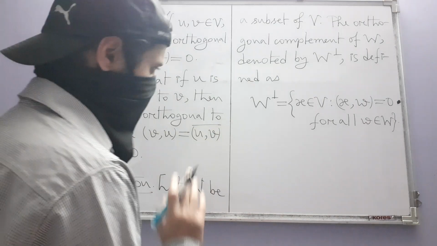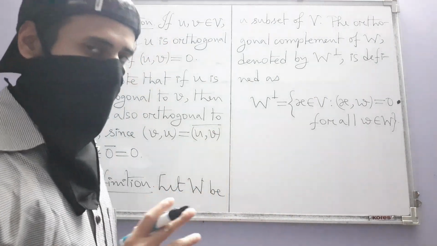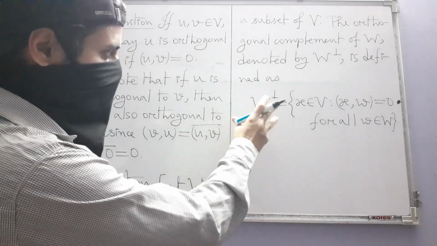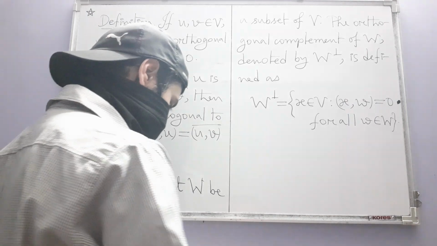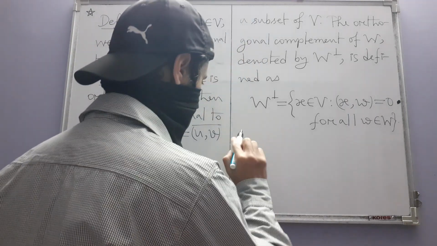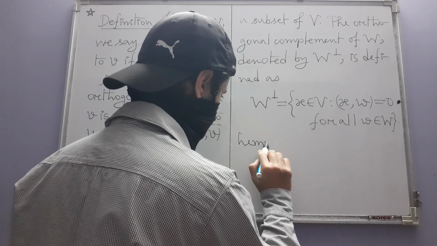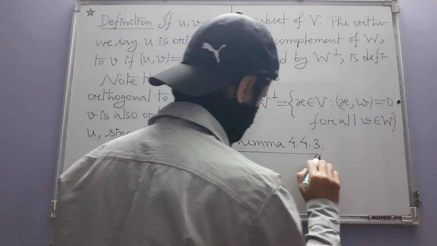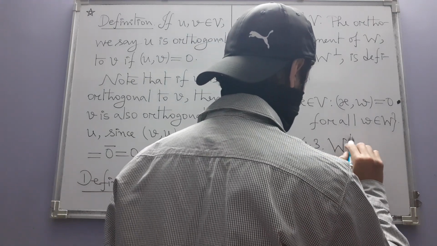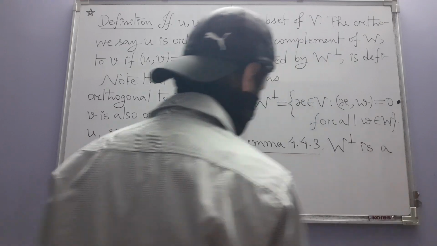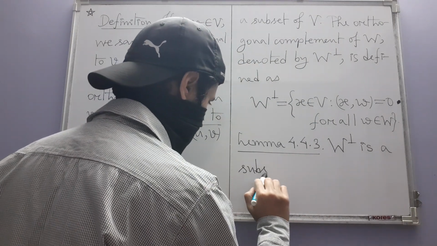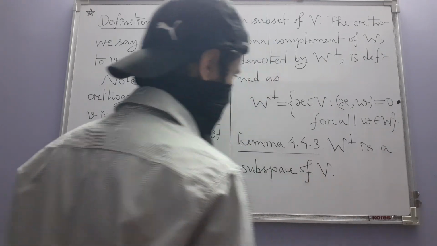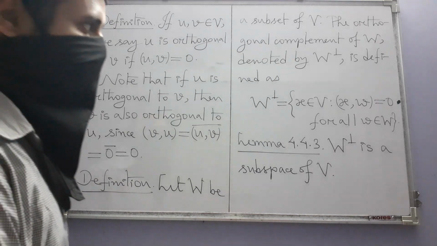Now this next result, which is the first result of today, states that this is a subspace of V. So this is our Lemma 4.3. This is a subspace of V. Okay.